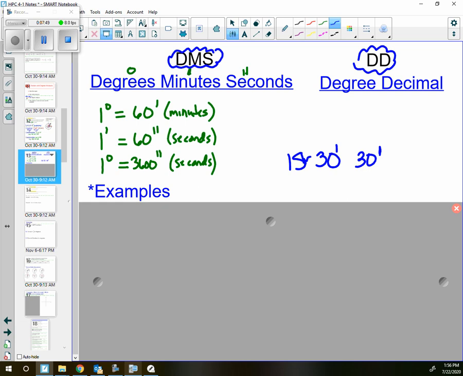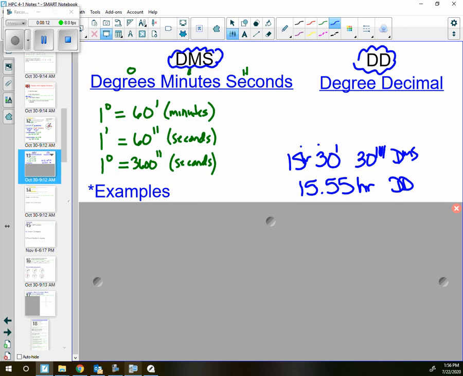Instead of hours, minutes, seconds, what if I said I just did it in 15 point something? Now 30 minutes is half an hour, so .5, that's half. What if I just said I did it in 15.5 hours? That would be the degree as a decimal version, and this would be the degrees, minutes, seconds version.